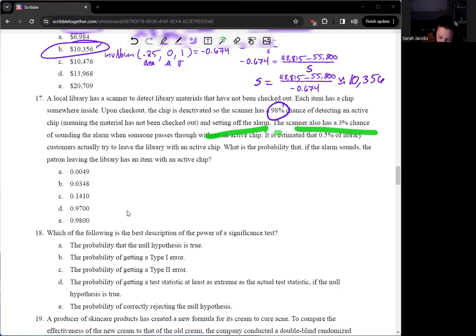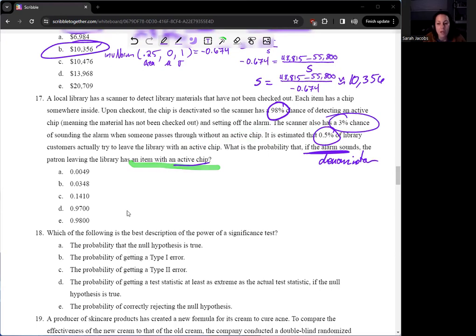The scanner also has a 3% chance of sounding the alarm when someone passes through without an active chip. It is estimated that 0.5% of library customers actually try to leave the library with an active chip. What is the probability that if the alarm sounds, this is going to be our denominator? The patron leaving the library has an item with an active chip.